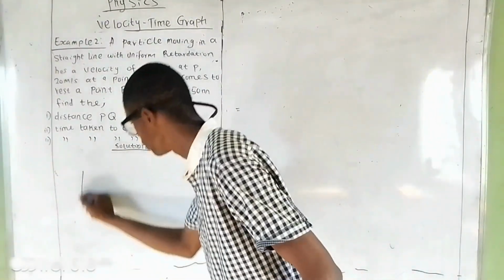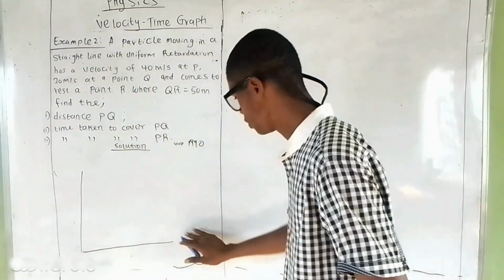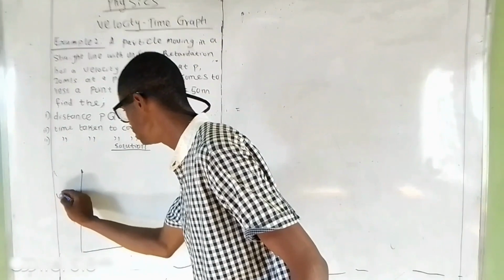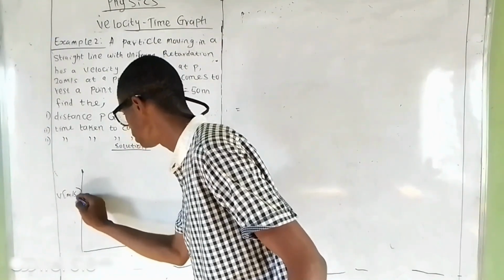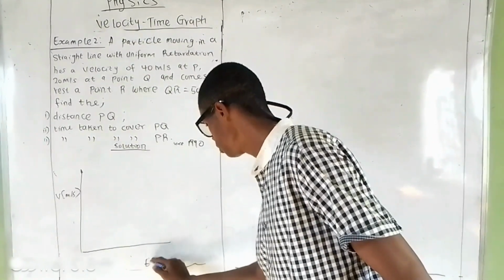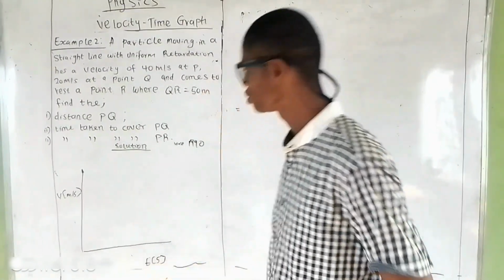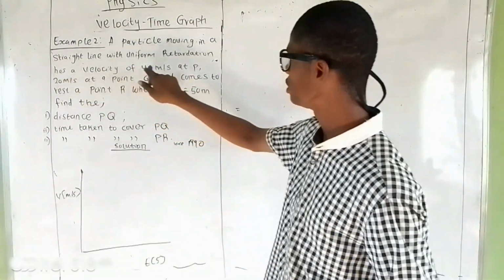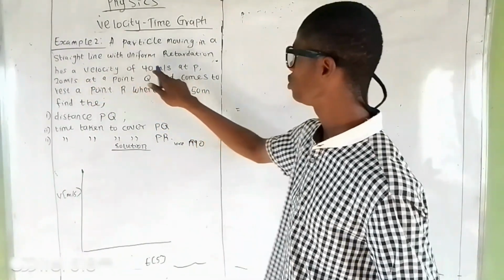Now let's draw our graph as usual. Here we have velocity in meters per second, then time in seconds. They said it was moving with a uniform retardation and has a velocity of 40.